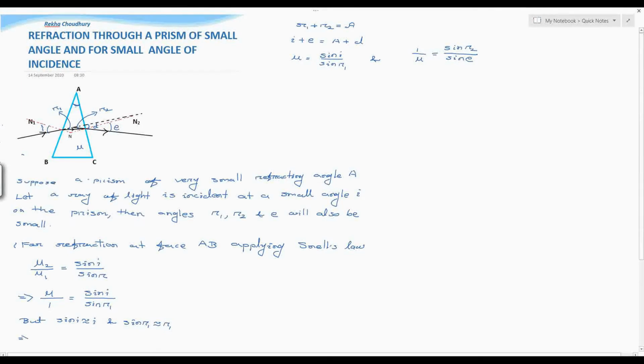So this implies mu is equal to I divided by R1. This implies I is equal to mu R1. So let us write this as equation number 1.